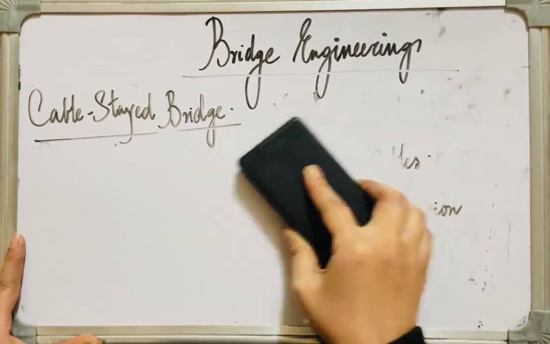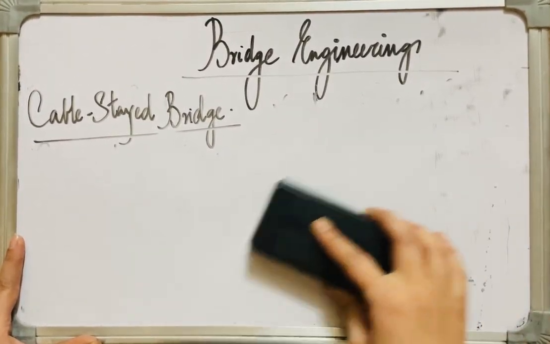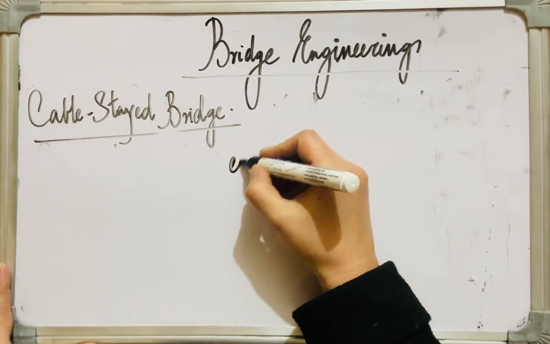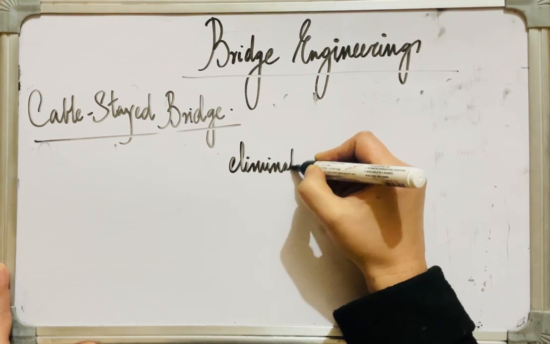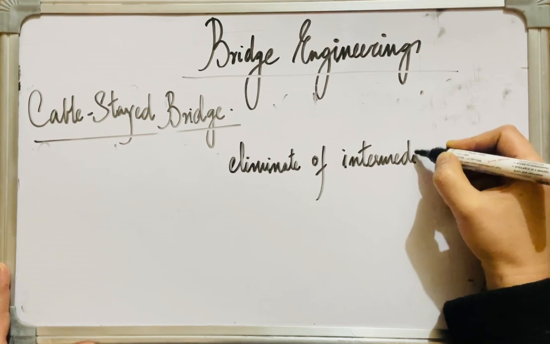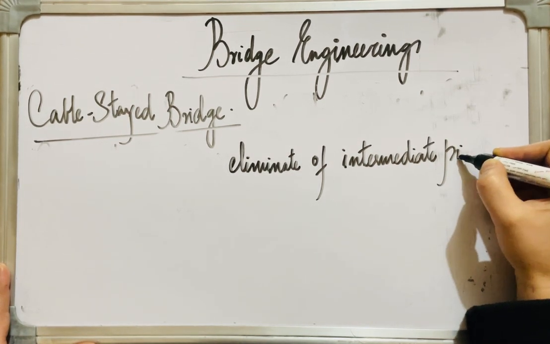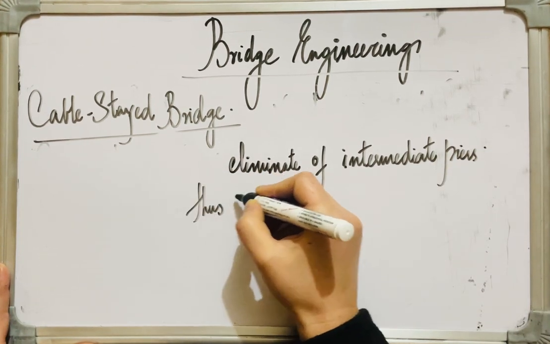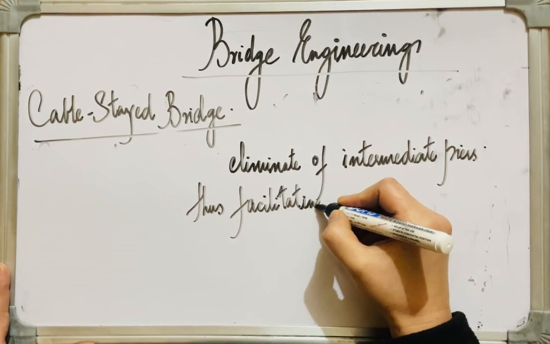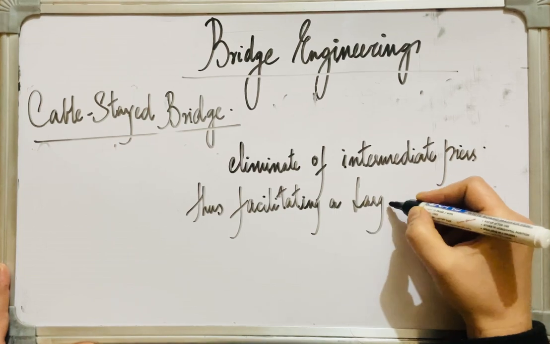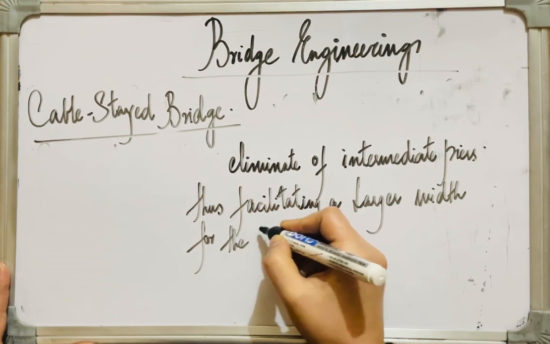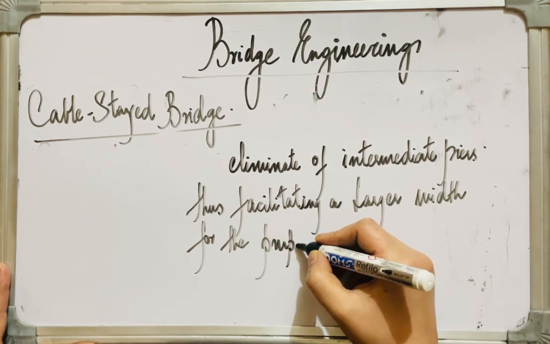In simple terms, we may say that the cables provided above the deck and connected to the towers permit elimination of intermediate piers, thus facilitating a larger width for the purpose of navigation. All right.